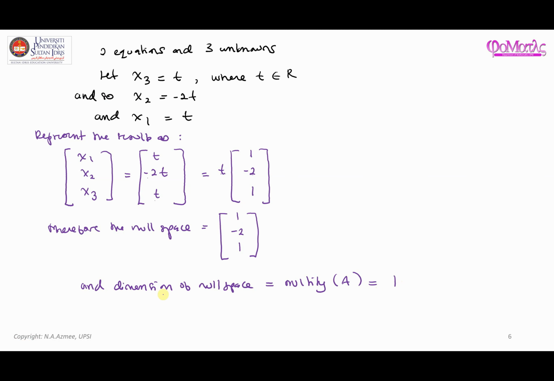So the dimension of null space is actually this vector here. We only have 1, so this is the value of nullity of matrix A, and that's the answer.